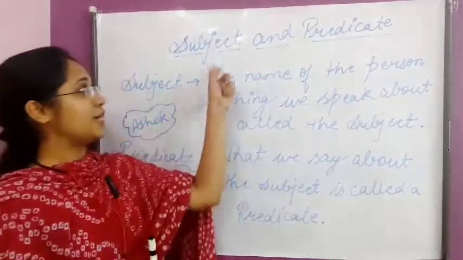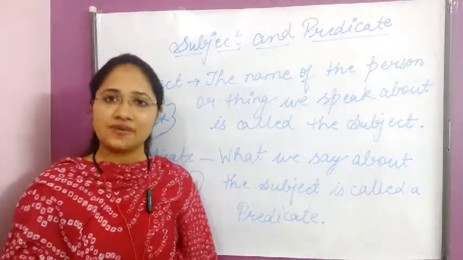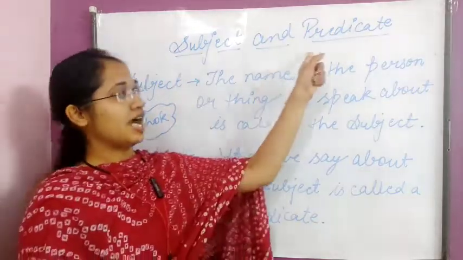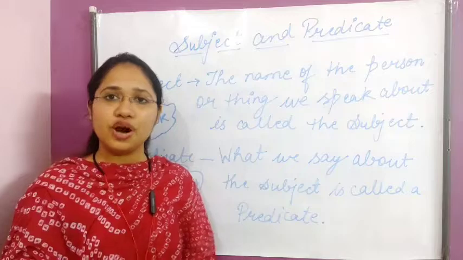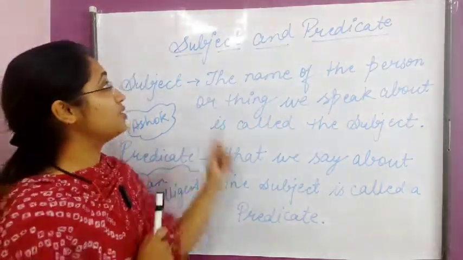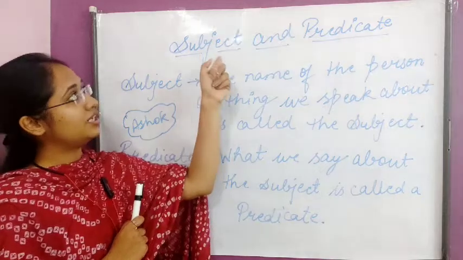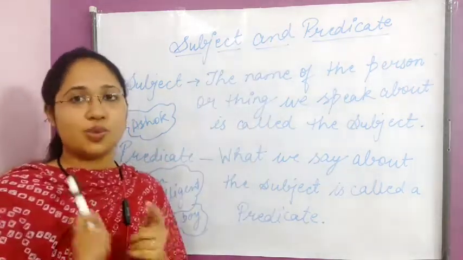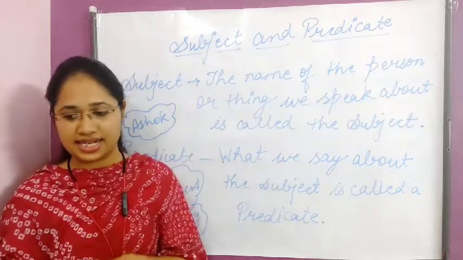Next topic is subject and predicate. Every sentence consists of two parts: one is the subject and the other is the predicate. We already understood the concept of sentence. Now we move on to another topic, subject and predicate. What is subject and what is predicate?